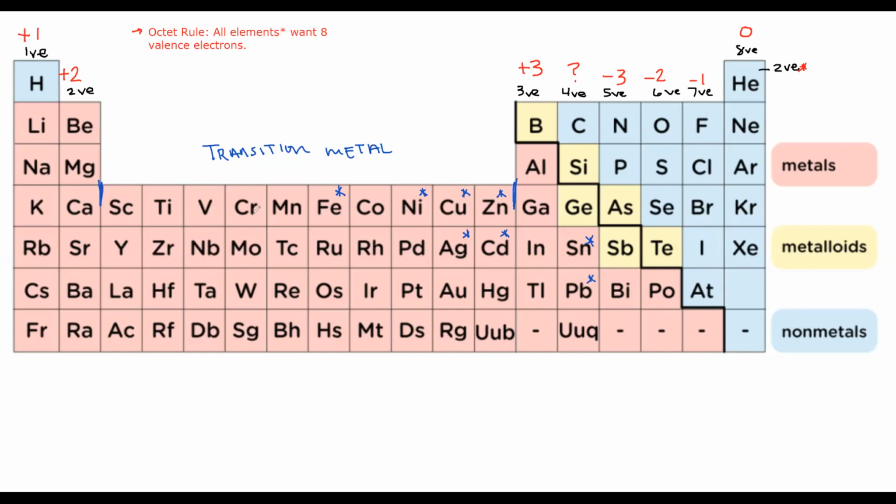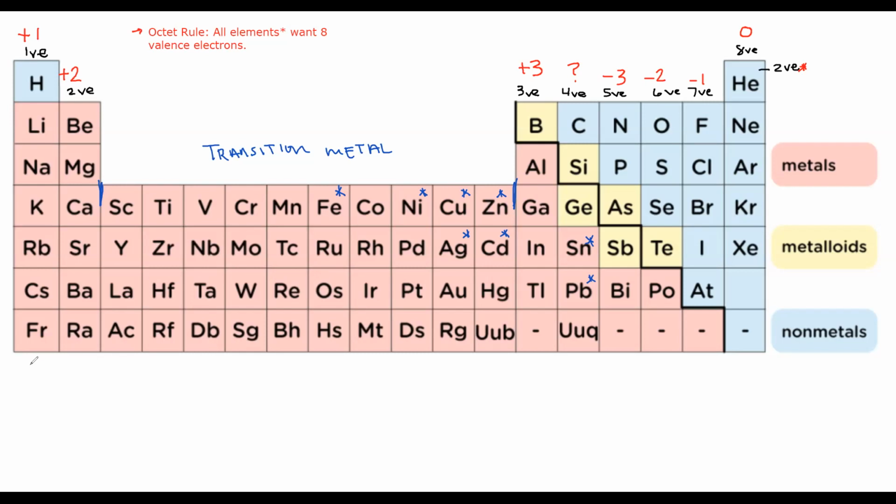So again, the transition metals that we're going to focus on today are iron, nickel, copper, zinc, cadmium, and silver. And then we're also going to look at group 14 elements, with these weird ones, tin and lead. Now, the transition metals that we're focusing on are just the ones that come up the most in our introductory course. But all of these transition metals will have special rules about their electrons.